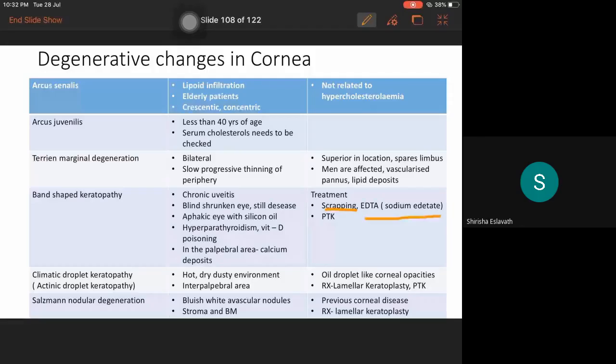That is the second option. Third option, if it is not so deep, you can use PTK, phototherapeutic keratectomy, a laser-guided corneal ablation. Ablation is burning the layer of the cornea.